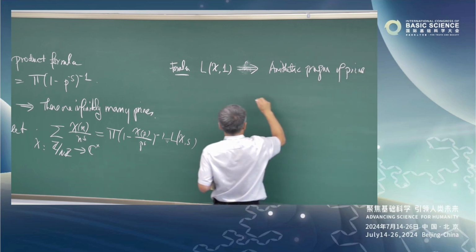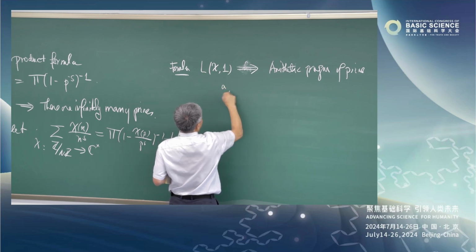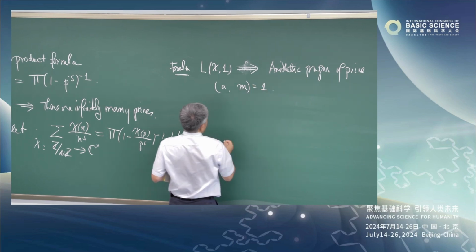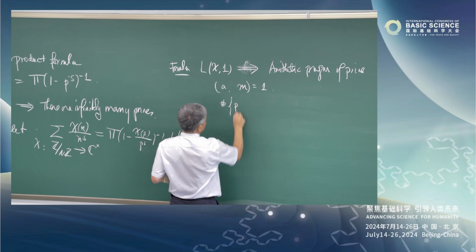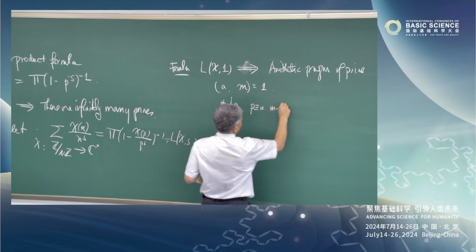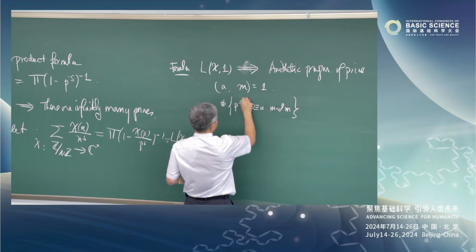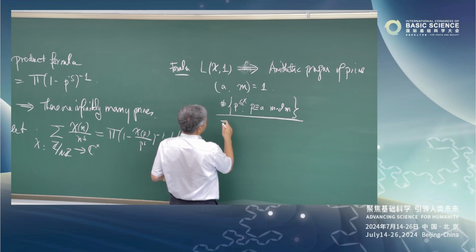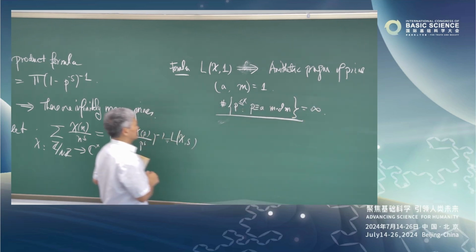So basically this shows that for any a, m, the set of primes congruent to a mod m is infinite. Let's basically prove this.